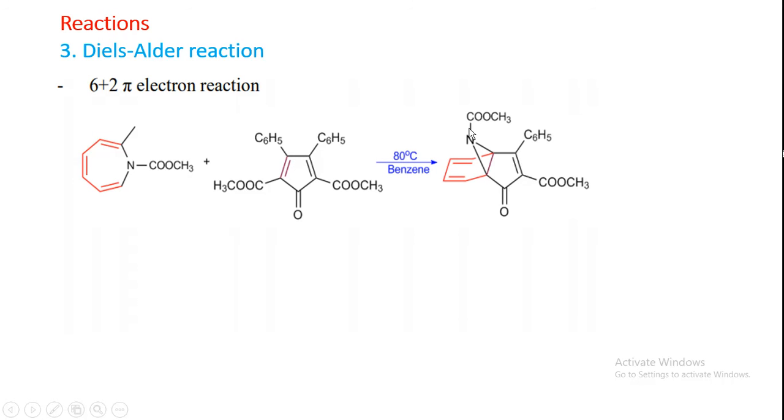This is another reaction, C6H5, so you see C6H5, N is there. So ultimately from here one bond between this carbon and this carbon will form here, and along with this carbon this ring will attach. So ultimately you will get the final compound as this one.